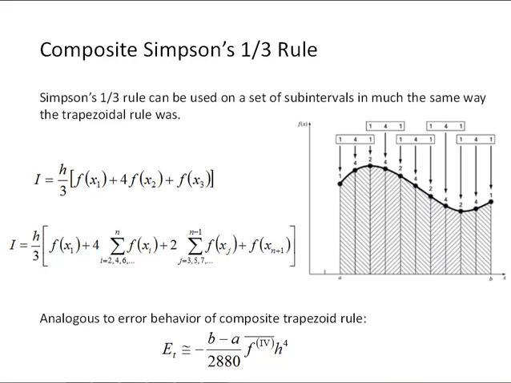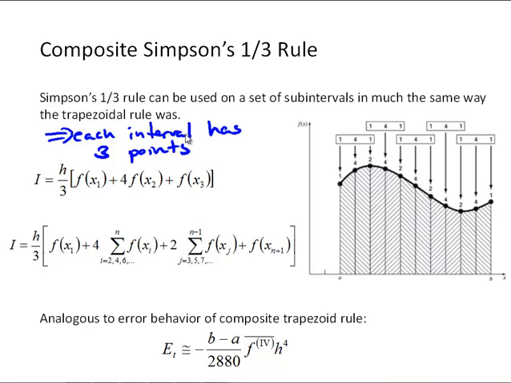So for a composite Simpson's rule, we can set this up with a set of subintervals, just like we did with the trapezoid rule, but there's one key difference: each interval now has 3 points. So we need 3 points for each interval because we need 3 points to evaluate Simpson's rule.